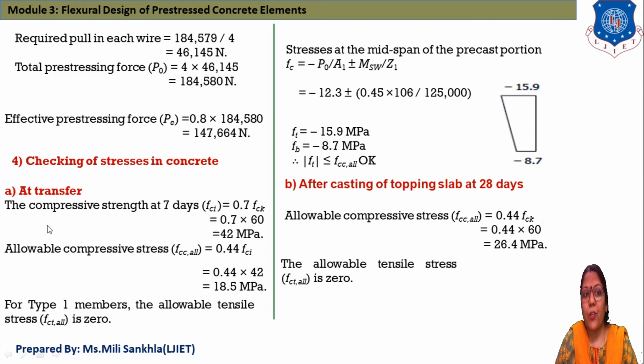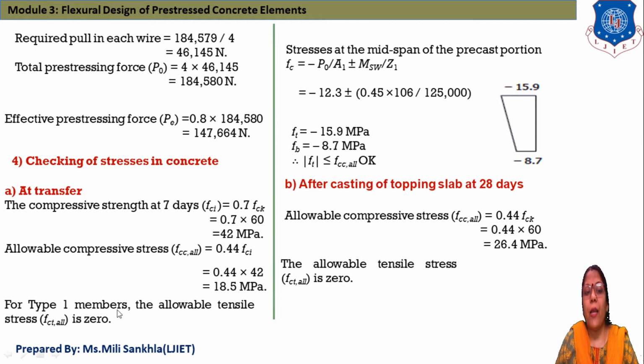At transfer condition, the compressive strength at 7 days FCI is equal to 0.7 FCK. Here we take the characteristic strength of the precast plank, that is 60 given, so 42 megapascal. Allowable compressive stress FCC all is equal to 0.44 FCI, and that gives 18.5 megapascal.